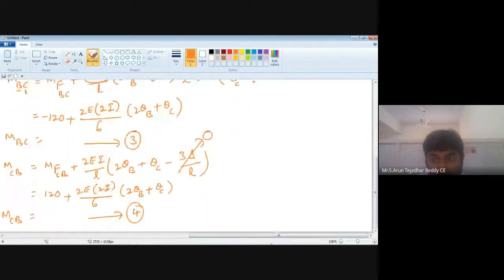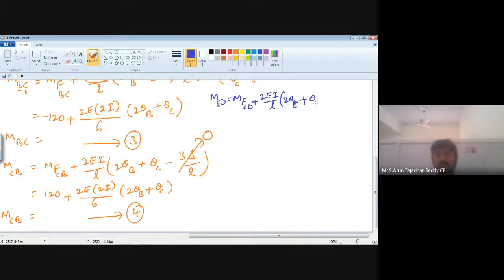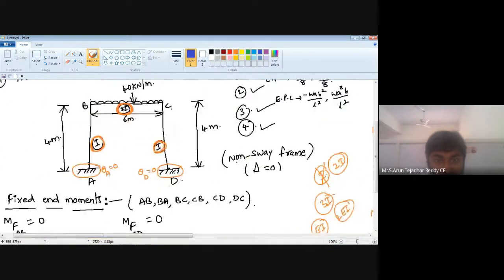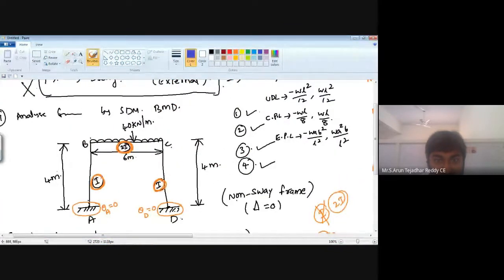Next one, CD, that is MFCD plus 2EI by L into 2 theta C, not A, 2 theta C, because the first term is C, so twice theta C, plus the second term is D, theta D, minus 3 delta by L. Now once again you need to observe C to D and D to C. Here C to D given moment of inertia is I, so no problem.